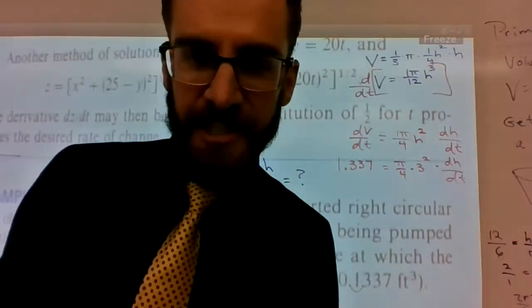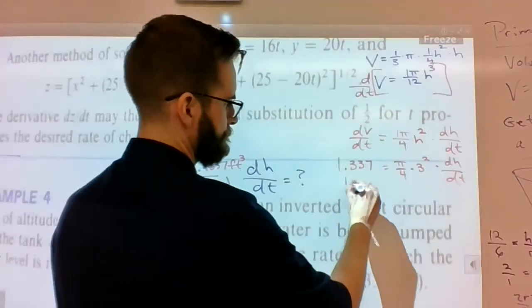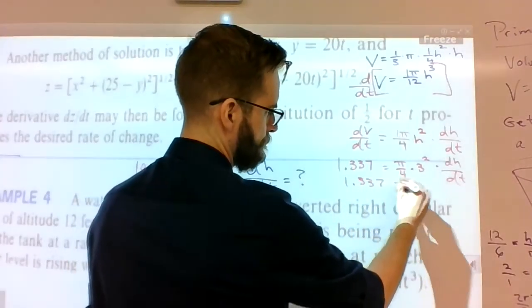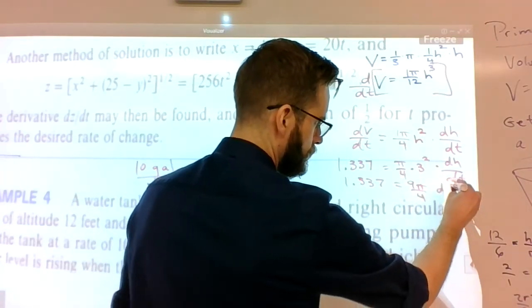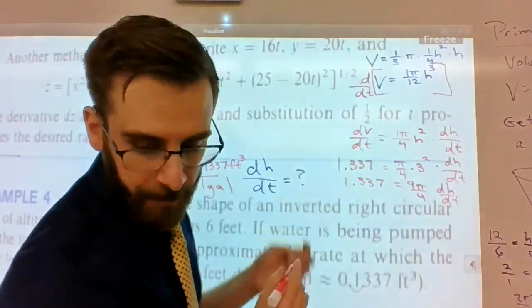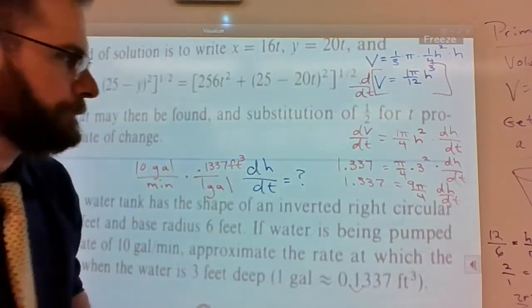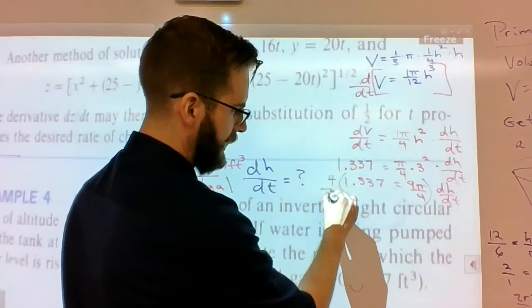Can you get dh/dt by itself? This will be 9 pi over 4. If I multiply by the reciprocal, 9 pi divided by 4, the reciprocal is 4 over 9 pi.